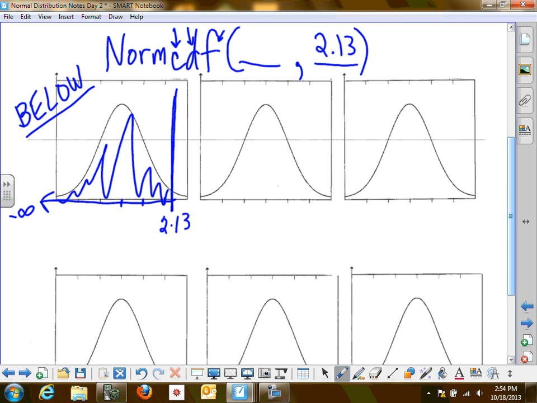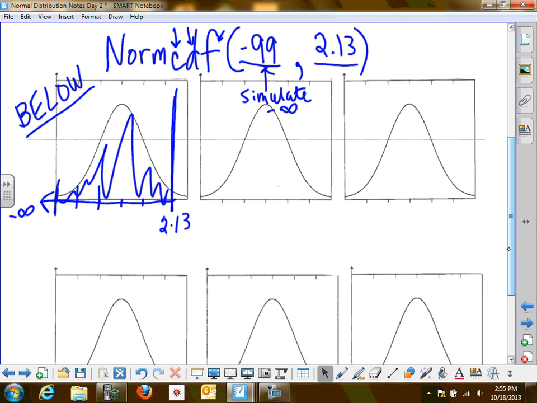So if this is only 3 z-scores right here, 3 standard deviations, -1, -2, -3, then 99 z-scores is like simulating infinity. So when we put a -99 right here, that is simulating negative infinity.